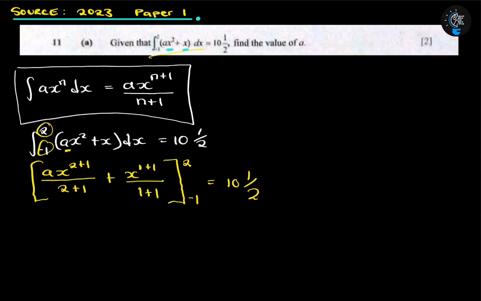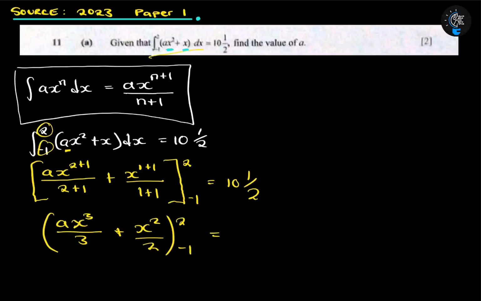From there we just need to simplify this. We are going to say ax to the power 3 divided by 3 plus x squared divided by 2, put your limits, is equal to, let's make this an improper fraction.